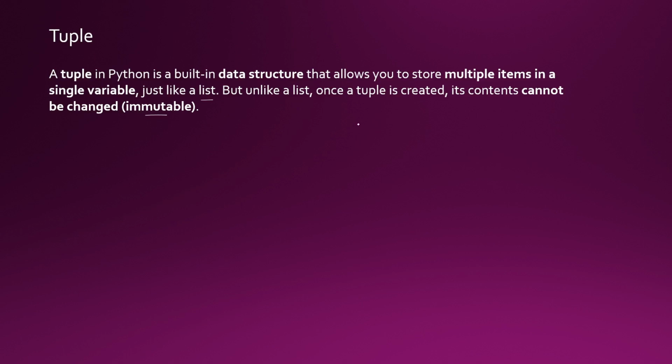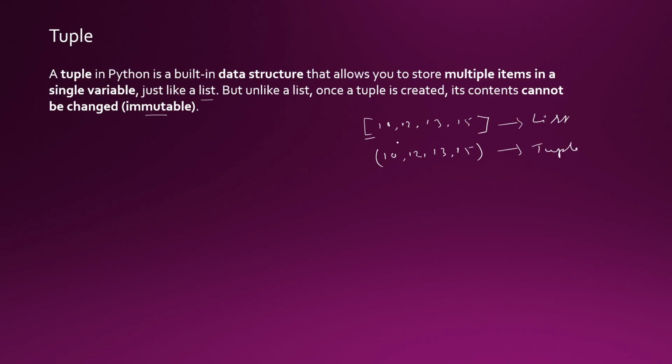So when we create a list, we create one square bracket and put all our values like this. So this is basically a list. In the same way, when we write our values and enclose them using parentheses, this is called a tuple.